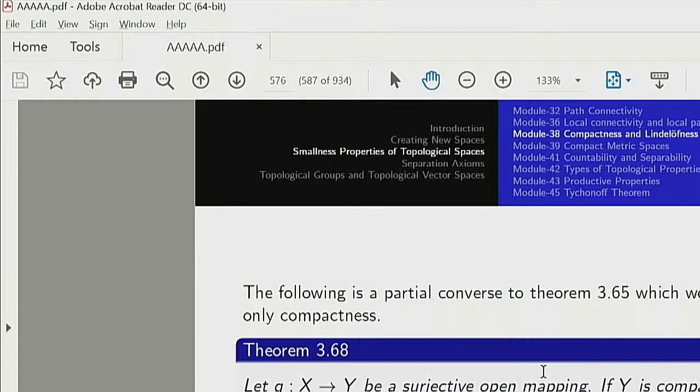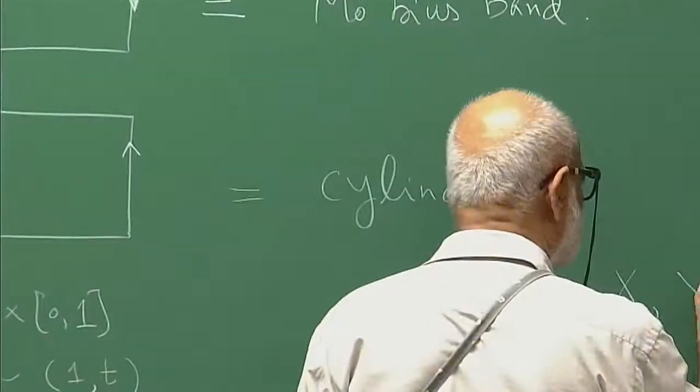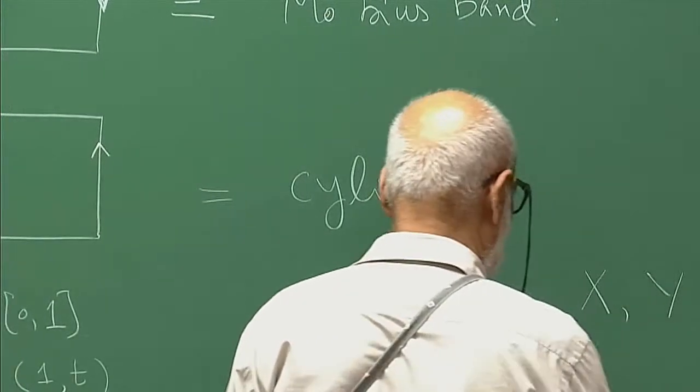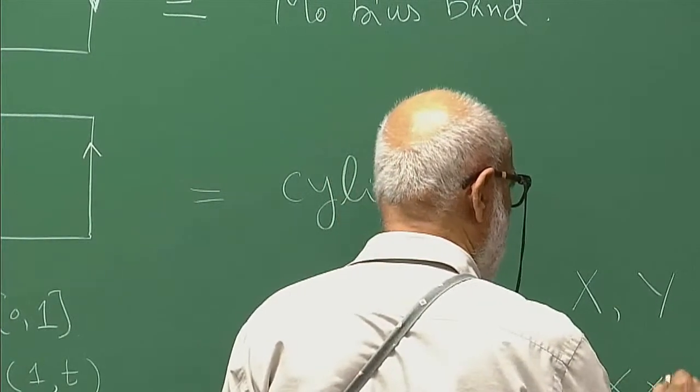This theorem was used later on to prove that if you have two compact spaces, X and Y compact, then X cross Y is compact.